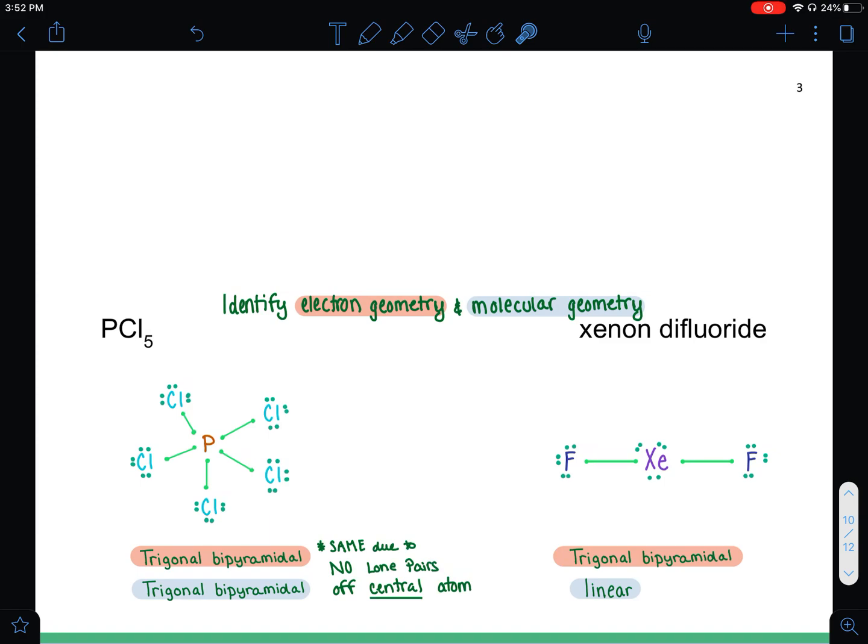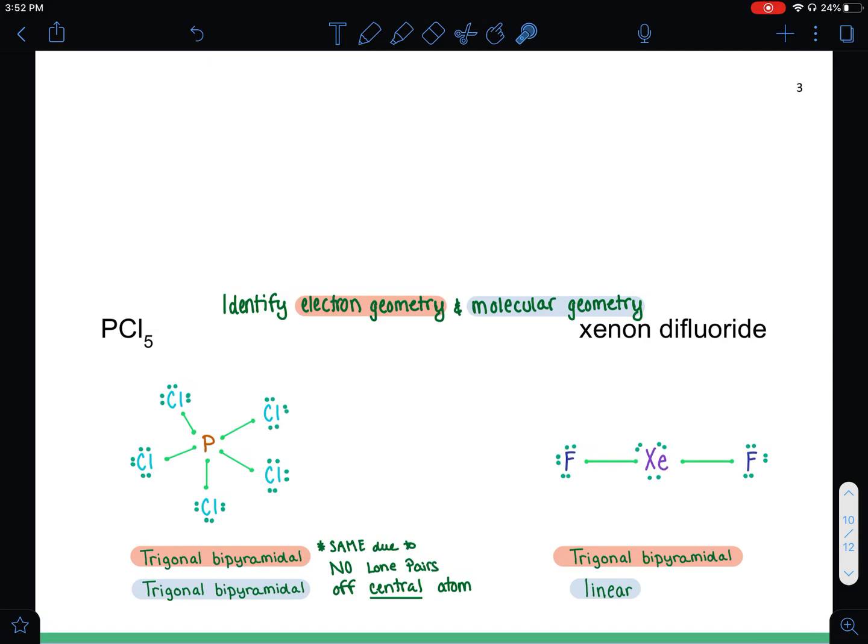Now, for xenon difluoride, there are 1, 2, 3, 4, 5 electron groups again coming off of that central atom. So our name doesn't change. Okay, I know these look a lot different, but we still have 5 groups coming off of the central atom. So only thinking of electron groups, the electron geometry is the same.